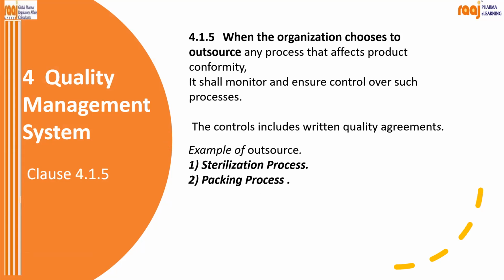Sometimes all things cannot be controlled in your own premises. Some activity could be outsourced, like gamma sterilization, ETO sterilization, or some people give samples for microbiological assay, biocompatibility studies.